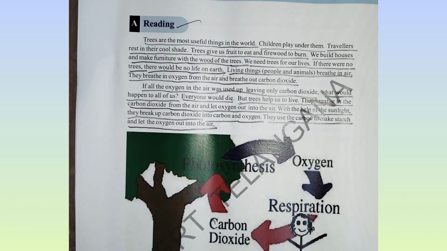Starch. What is the meaning of starch? Before getting into starch, we have to know about carbon dioxide. It is also a colorless and odorless greenhouse gas composed of one carbon atom bonded to two oxygen atoms.